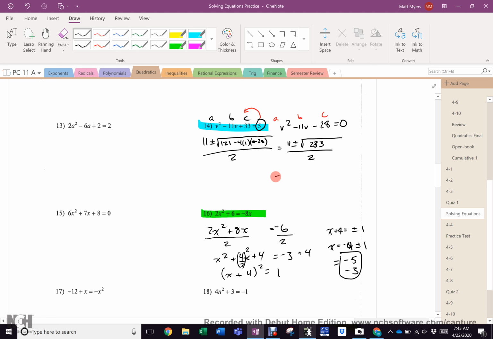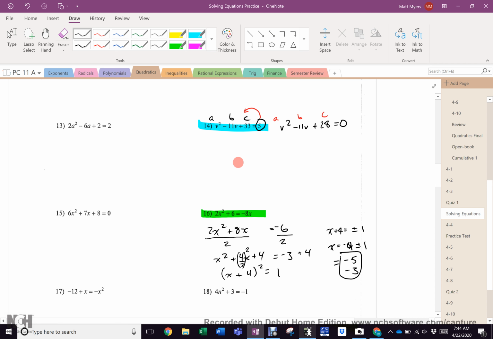And then I just do any simplification there that I may need to do. Oh my God, it's not negative 28. Okay, fix this. I'm so sorry, everyone. I wrote negative 28, but of course 33 minus 5 is positive 28.